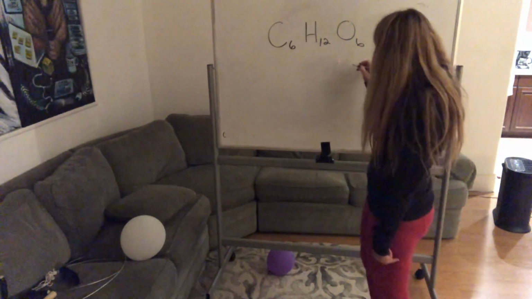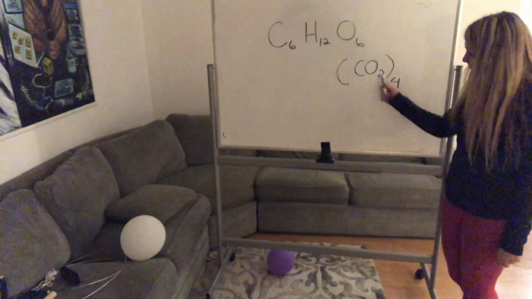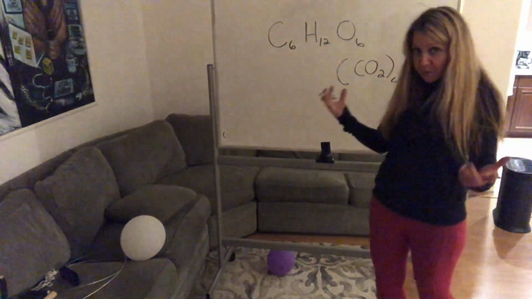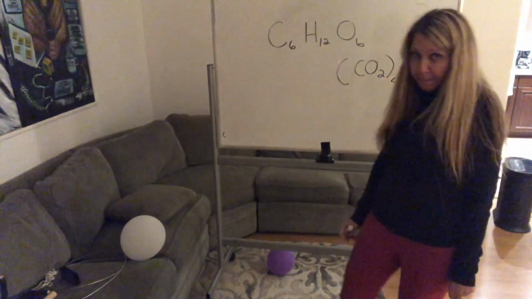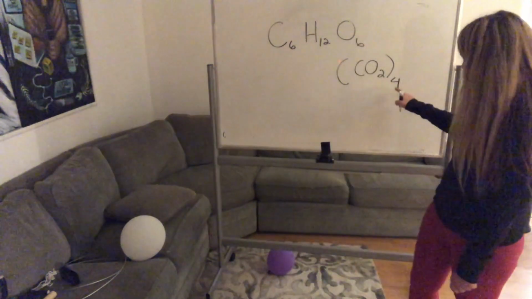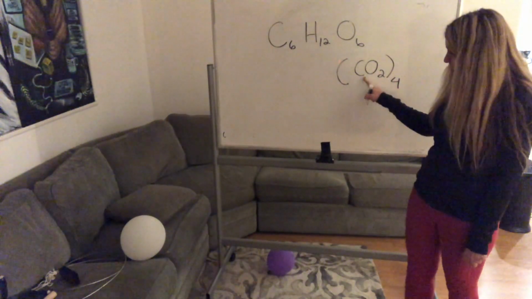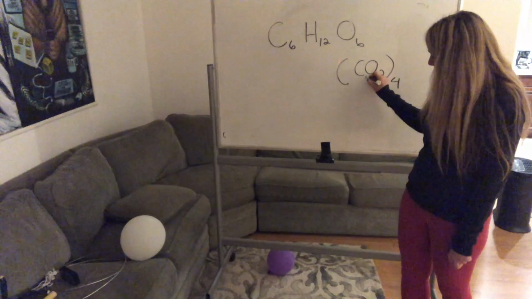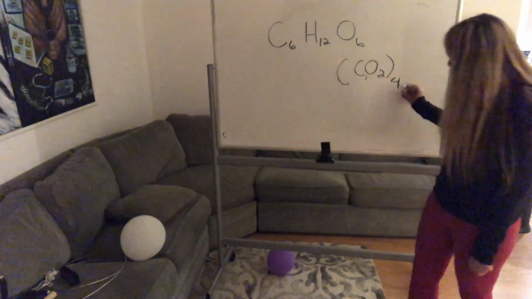For example, 4 molecules of carbon dioxide. I want to figure out how many atoms of carbon and how many atoms of oxygen that is. Well, we have a subscript of 2 for oxygen. We don't have a subscript for carbon, so we know that stands for 1. But we have 4 of them.